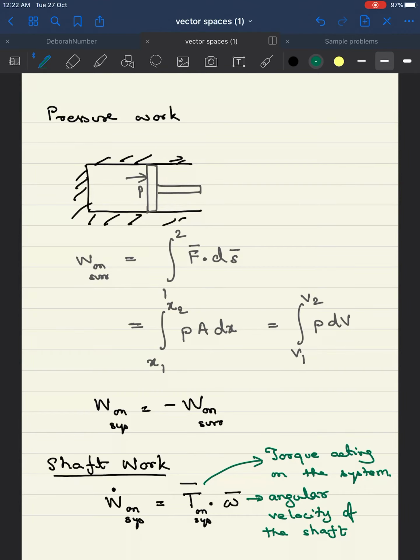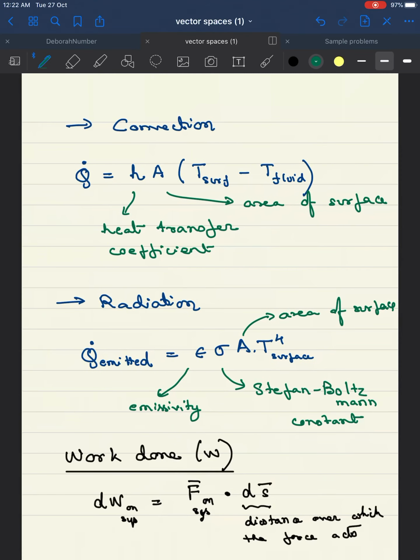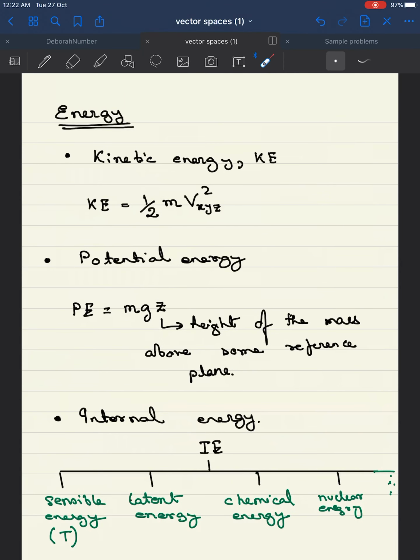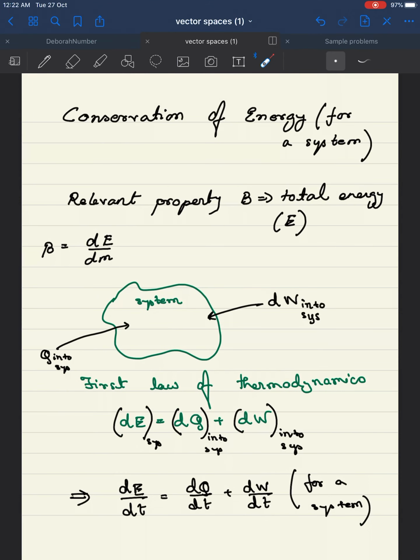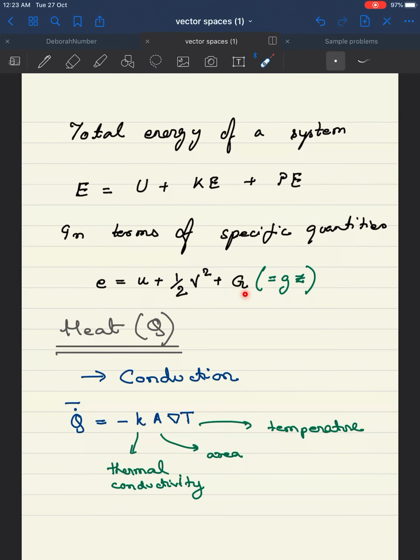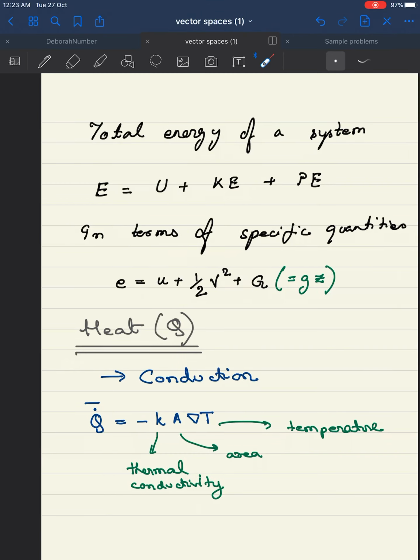Okay, so the good thing is that now that we were discussing the conservation of energy, we started off with the first law of thermodynamics for a system. Then we said let us look at these individual quantities and see what they are. So we looked at the energy first, and we calculated it in terms of the specific quantities right here.